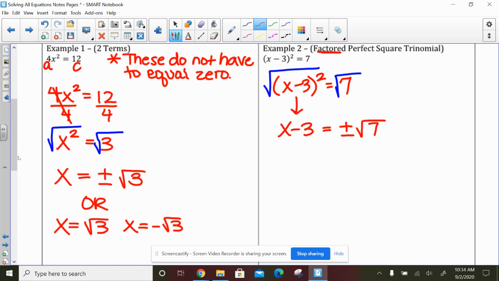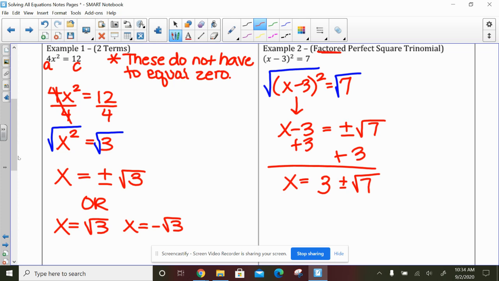Now, I do not want to leave my answer like this. What you've got to do is get x by itself. So I need to add the 3 to the other side. That'll give me x equals 3, that's a positive 3, plus or minus square root 7.